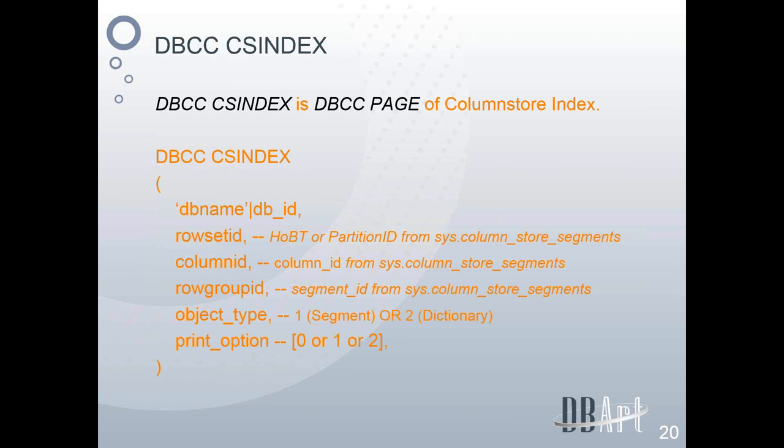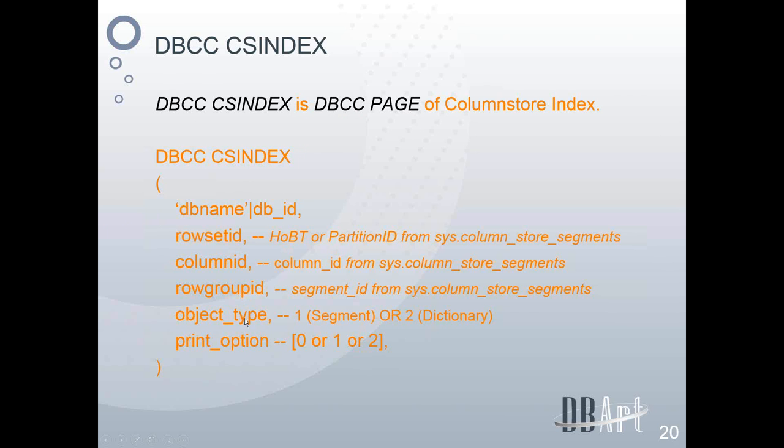Now, how does the data actually look? There is a new undocumented command, but it's undocumented the same way as DBCC page has been and still is undocumented. It's called DBCC CSIndex, and it is actually DBCC page for Columnstore indexes.